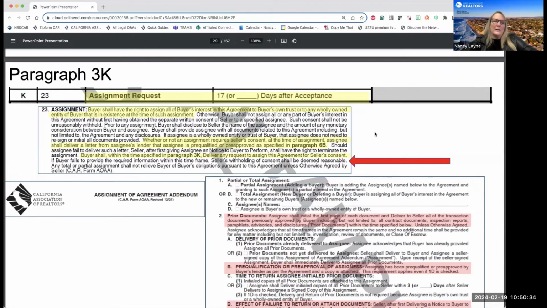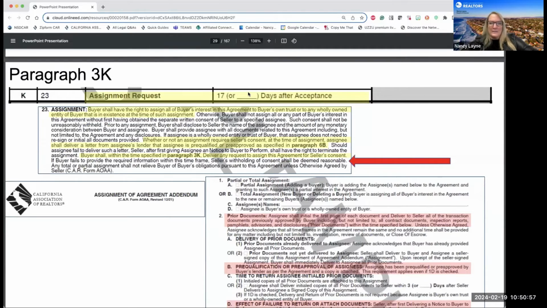So he wants to add somebody else onto the purchase. This is an assignment. Adding somebody is a partial assignment. If you have XYZ LLC and they want to no longer, they're going to have their buddy who has QML LLC take over the purchase, that is a full assignment.